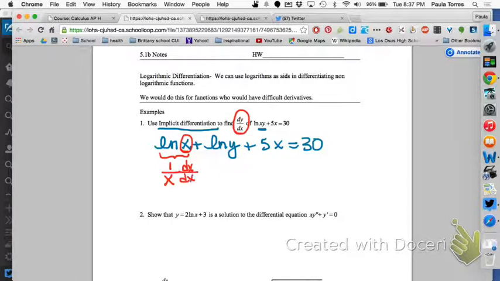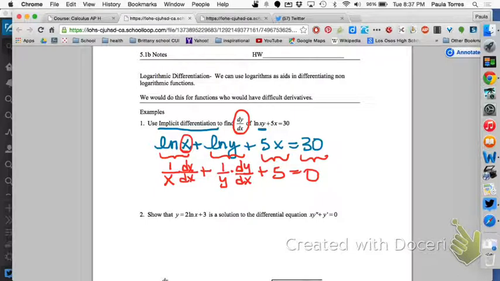As a matter of fact, it's dx/dx, which is definitely 1. And then the derivative for this piece is 1 over y times the derivative of the anything, which is y. And the derivative of this with respect to x is just 5. And the derivative of this with respect to x is 0.